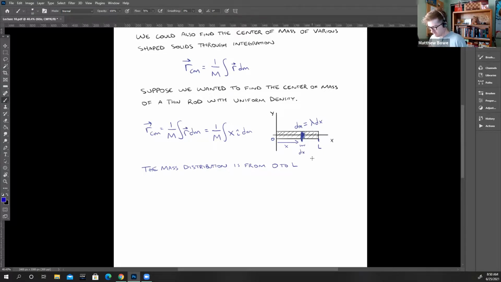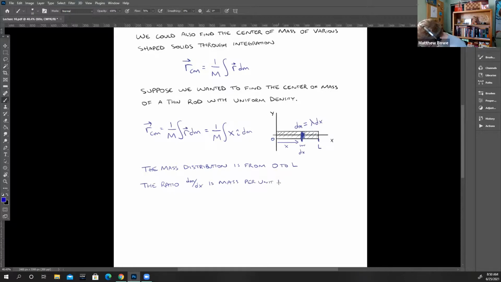Also, what I could put down is that the ratio dm over dx is mass per length. So this is just a little bit of mass over a little bit of length, mass per unit length.